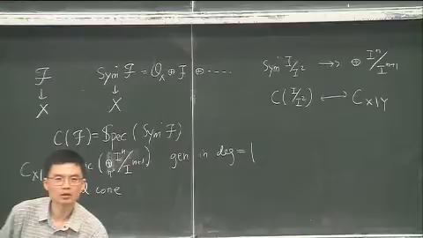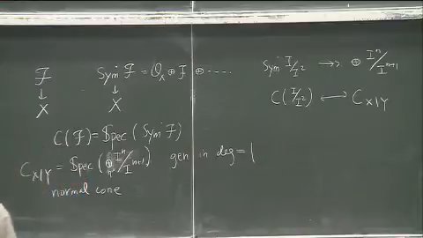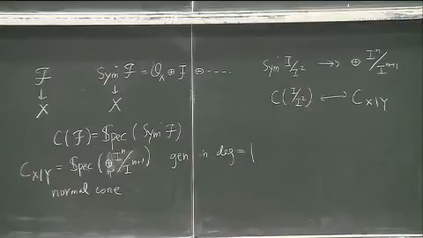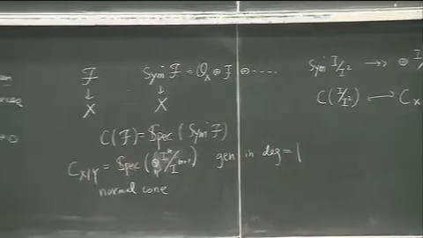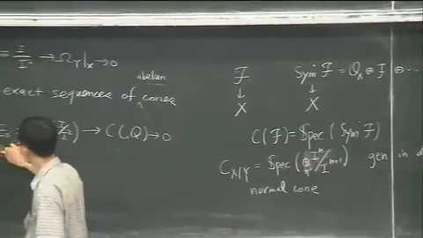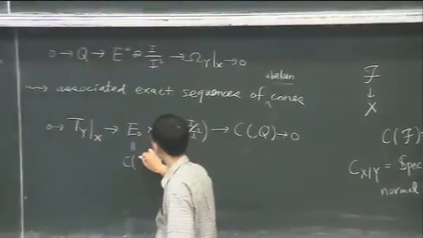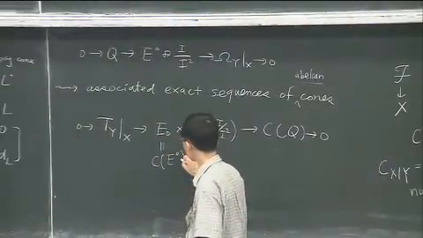Questions? Yes. First, E lower 0, should that be E upper 0? Yeah, I'm going to explain this. This guy is just defined to be the cone of E upper 0.